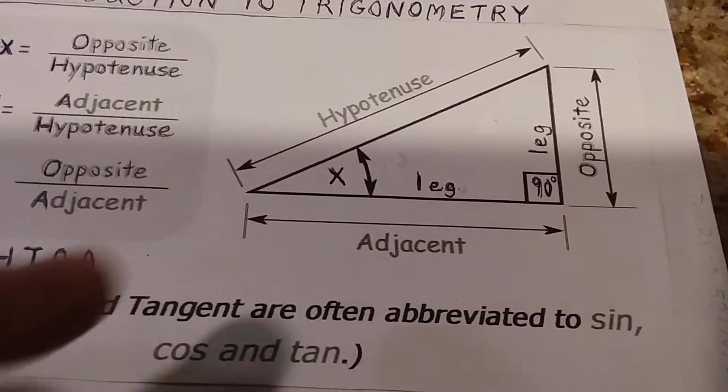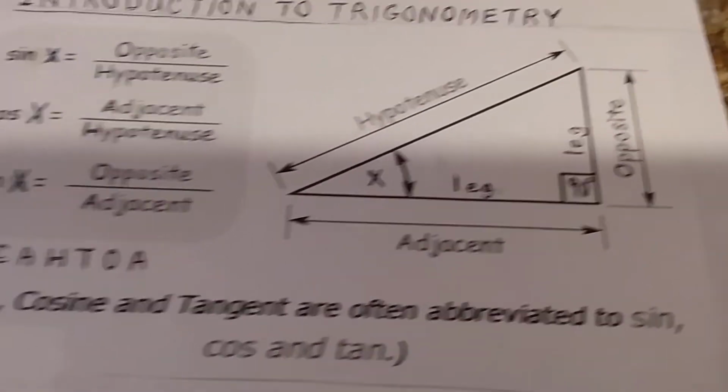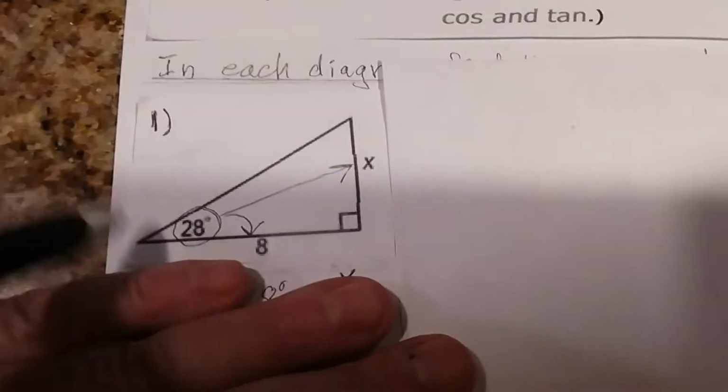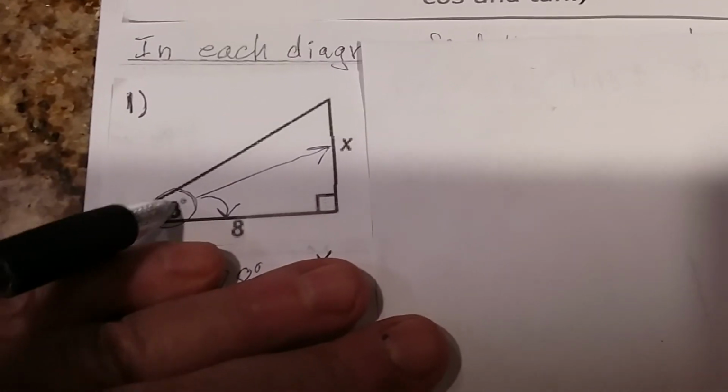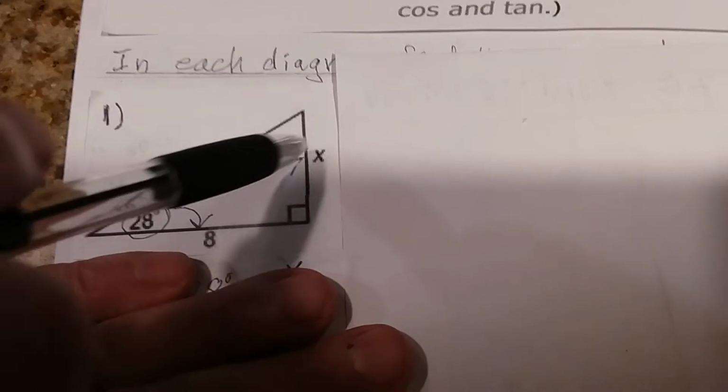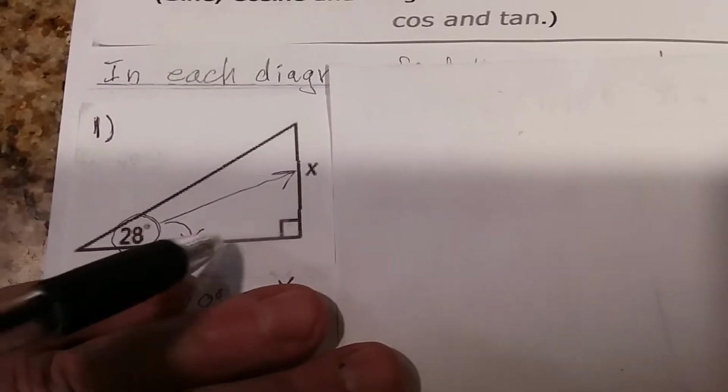Okay? Now here's how you set up the problems. I'm going to take you to a problem, and it says in each diagram, find the missing side labeled X. Okay? The first one is right here. You're looking at the diagram, you start with the angle, and you look and see what you have. You have an opposite side, and you have an adjacent side.